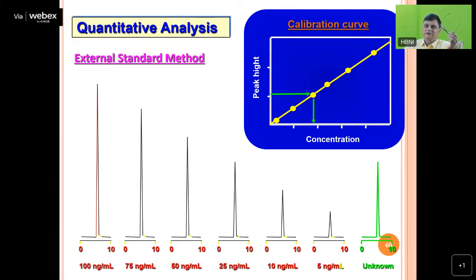There we have shown the example from 100 nanograms per ml to 5 nanograms per ml. After making that calibration curve, you can put in your unknown sample, and from the peak height you will know the concentration of the element present in your unknown sample.